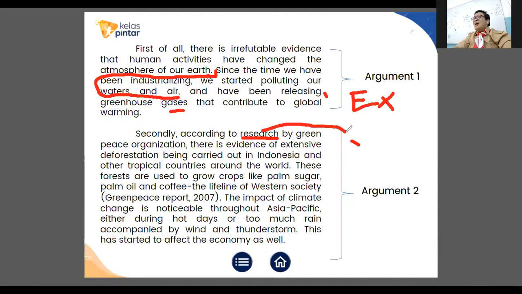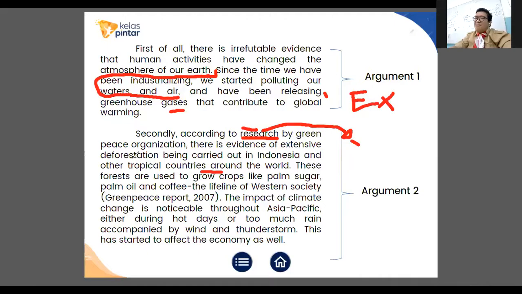Nah, pernyataan dia ini juga diperkuat oleh research-nya. Research itu adalah penelitian yang sudah dibuktikan. Ya. Research by Greenpeace organization that there is evidence of extensive deforestation being carried out in Indonesia and other tropical countries around the world. Jadi fenomena ini sudah dibuktikan oleh penelitian bahwa ada deforestation.